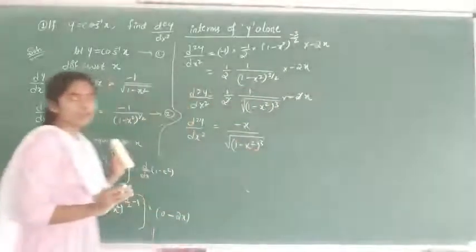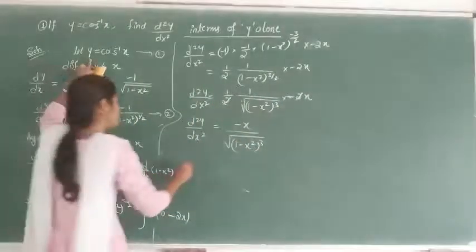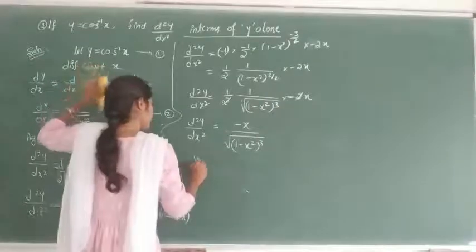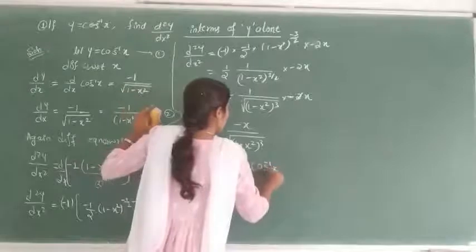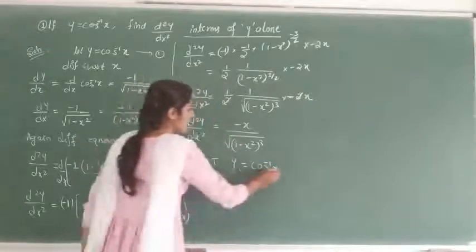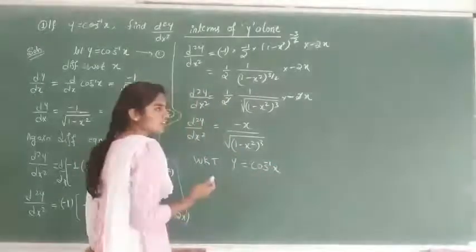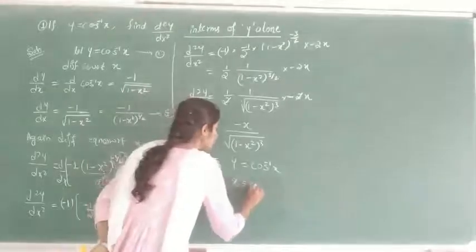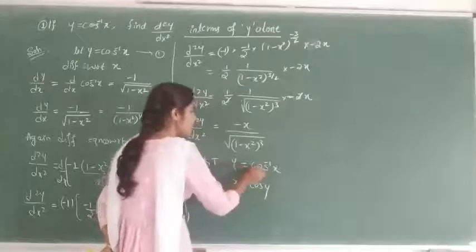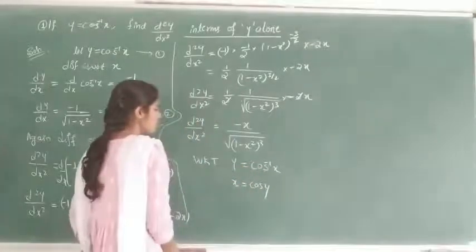So what will you do? We know that y is equal to cos inverse x. So what will be the x value? In inverse trigonometric functions, I explained that x can be written as cos y. Whenever y is equal to cos inverse x, x is equal to cos y.